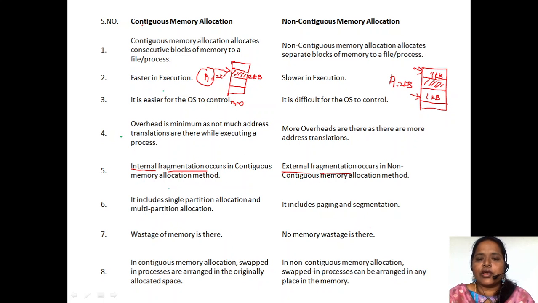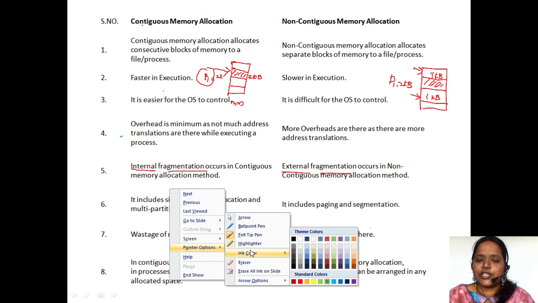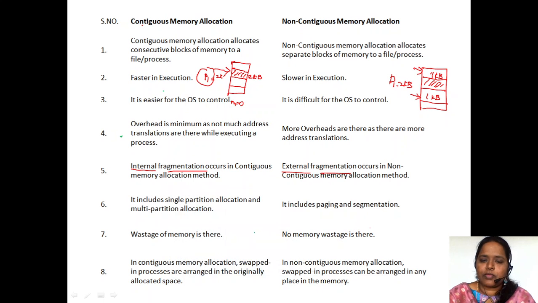Here we will have paging and segmentation. In internal fragmentation there is wastage of memory, but in non-contiguous memory allocation there is no wastage, which I will tell you later. And next one is contiguous memory allocation.